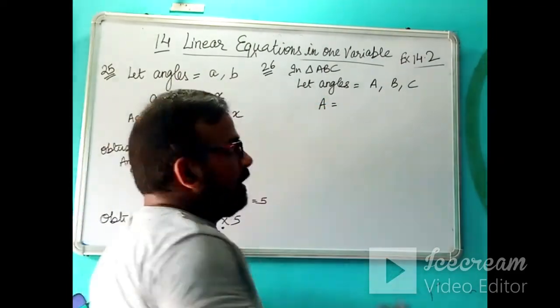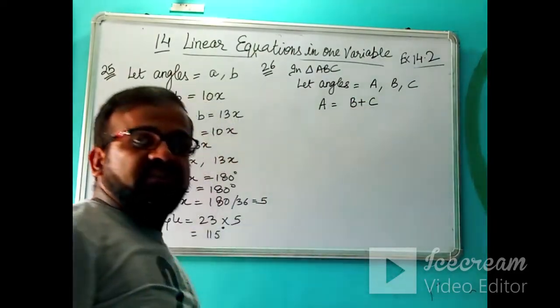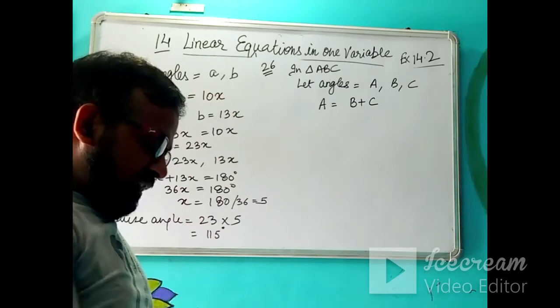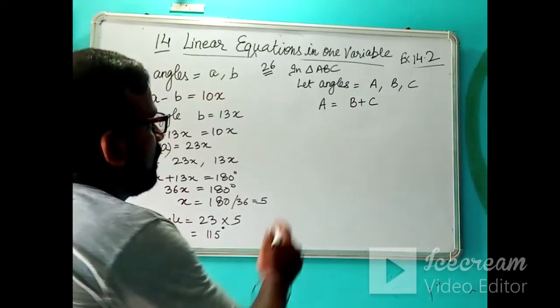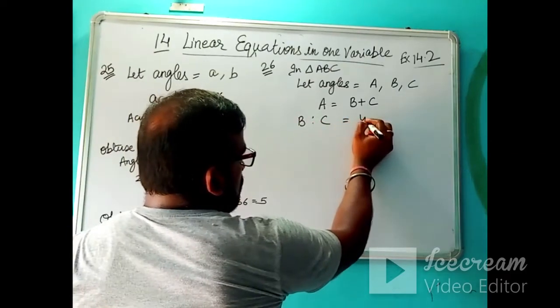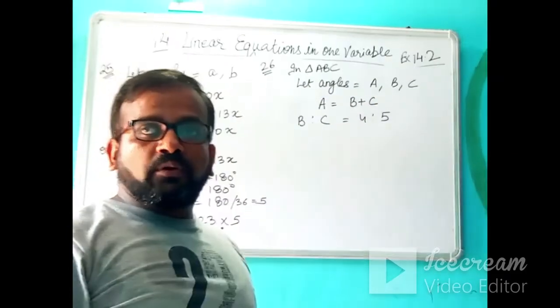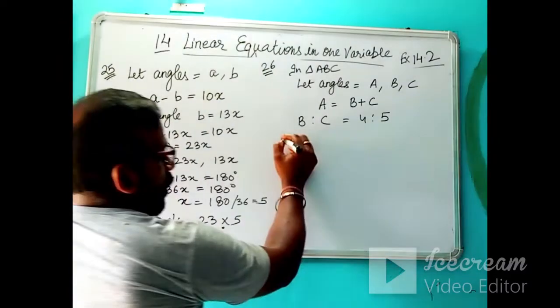Sum of the other two angles, that is B plus C, is given. Then what else is given? B ratio C is 4:5.